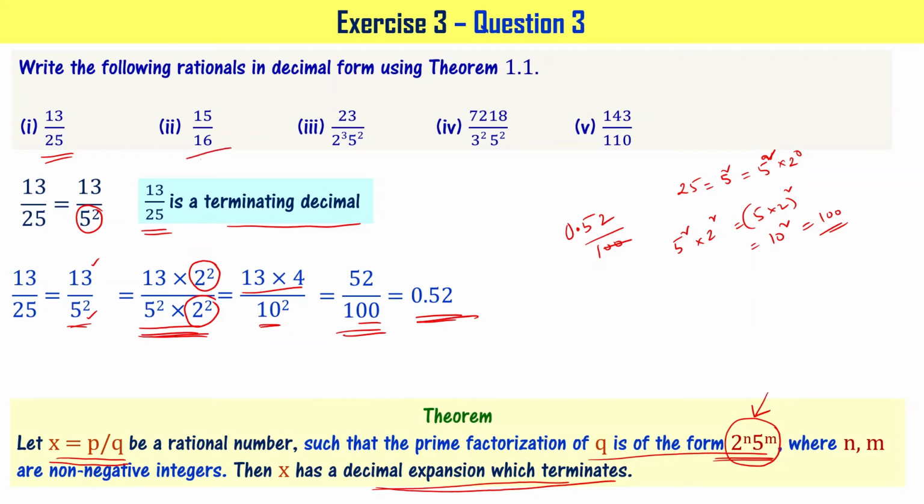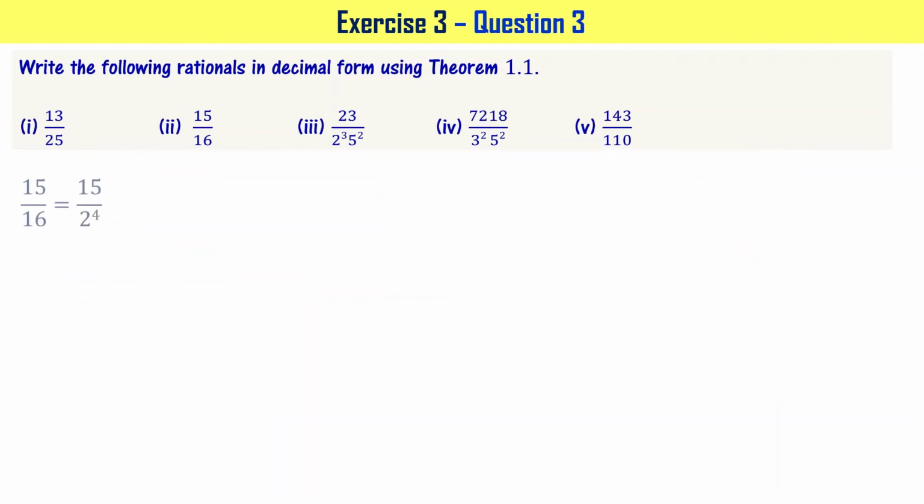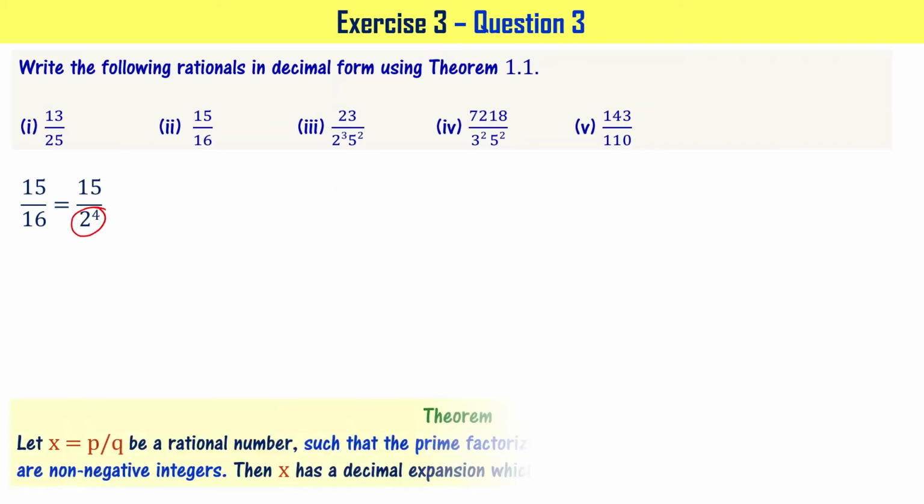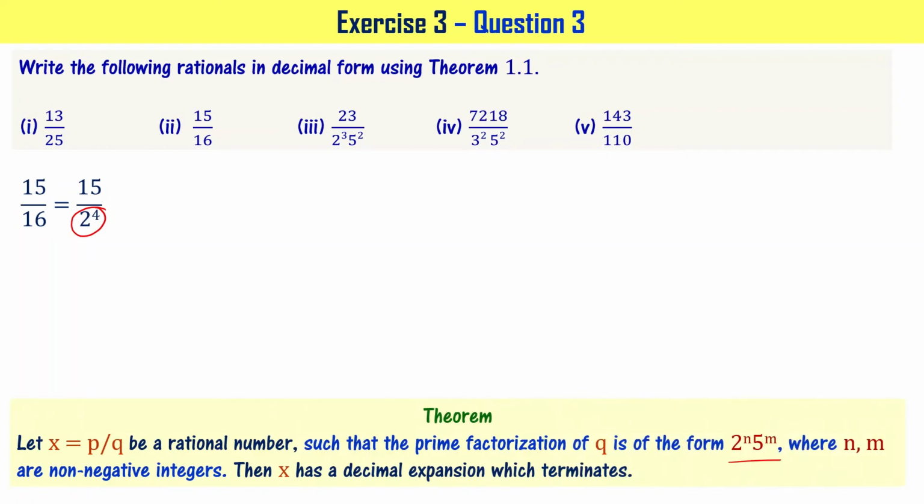Now let's look at 15 by 16. 16 can be written as 2 power 4, right? And you may recall the theorem. It says that if the denominator can be expressed as 2 power n 5 power m, then the decimal expansion is going to be terminating, right? 16 can be written as 2 power 4 times 5 power 0.